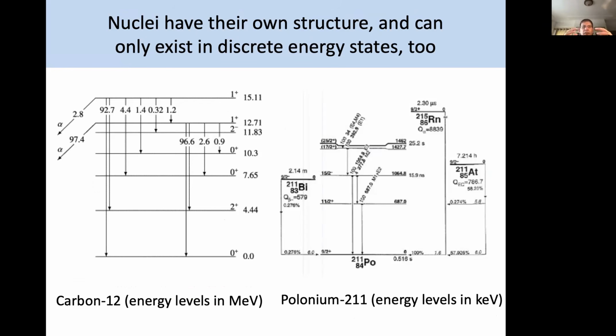Actually, the nucleus is a much more problematic situation to calculate than atoms because the force is so strong. But you can go ahead and calculate this. And once again, you find that the spectrum of atomic nuclei is also discrete. There are discrete levels.